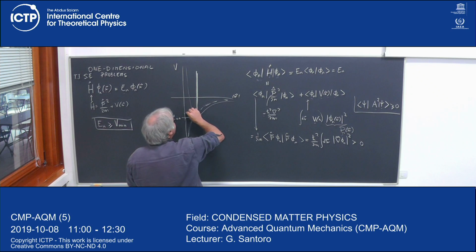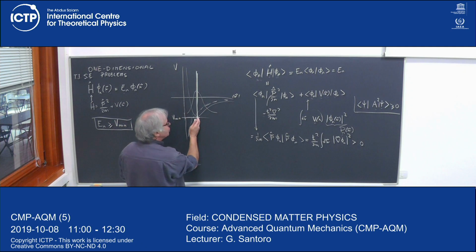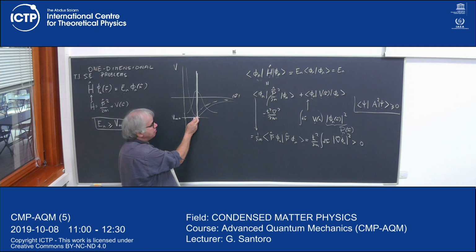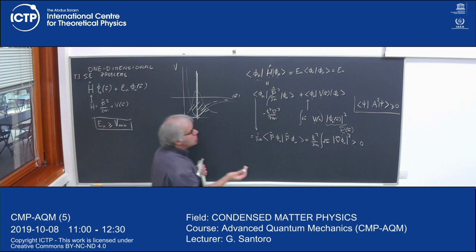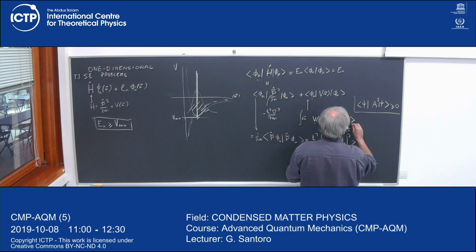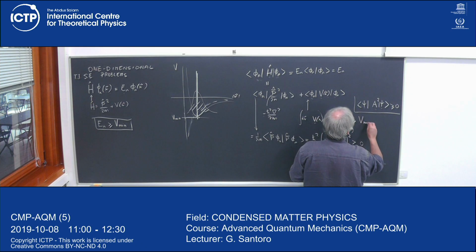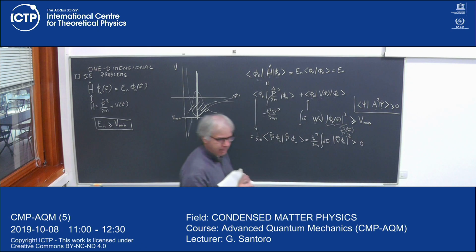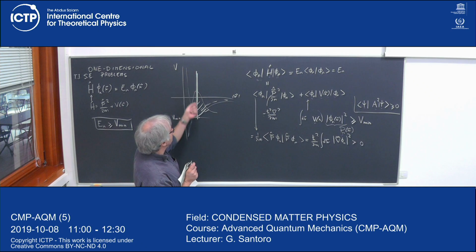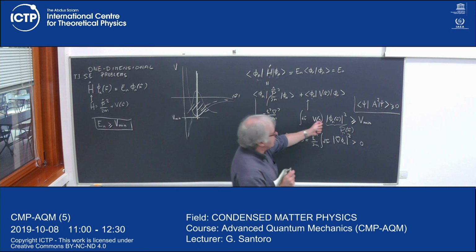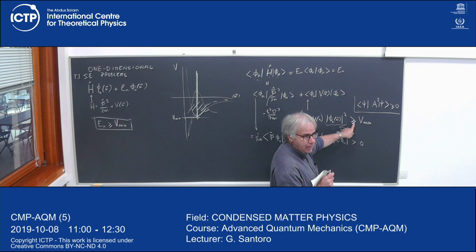But since the probability in general is spread, and is not just concentrated in the minimum, then you are sensing parts of the potential which are above the minimum. So in general, you expect that this is not less than the minimum. In fact, the limiting case of a delta function probability gives you exactly the equal sign.